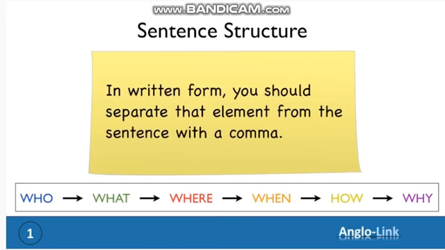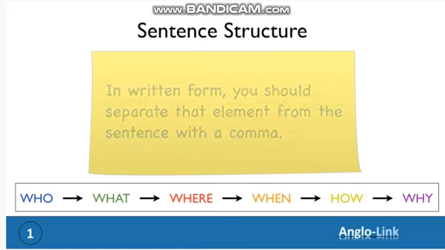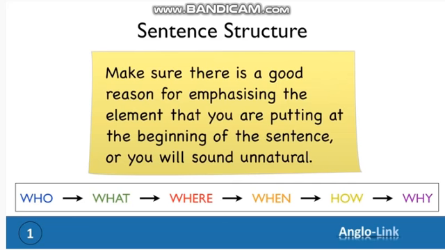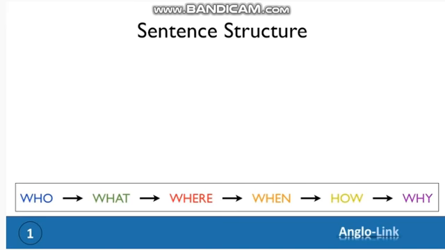And in written form, you should separate that element from the sentence with a comma. Just make sure that there's a good reason for emphasizing the element that you're putting at the beginning of the sentence, or you will sound unnatural. Let's look at some examples.